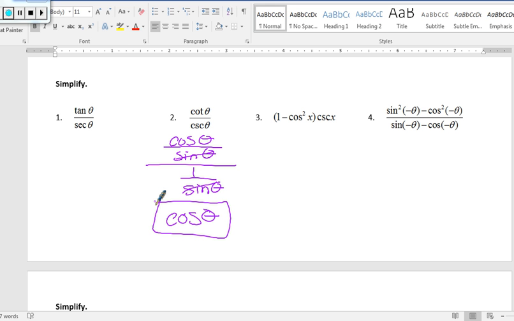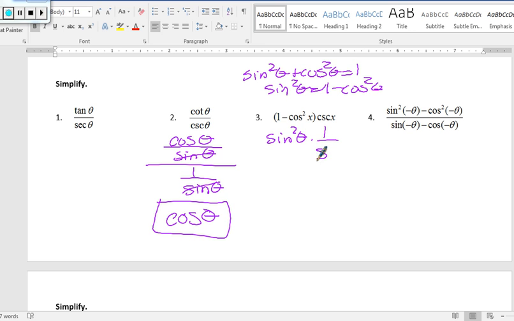Okay, so looking at 3, first I'm noticing this 1 minus cosine squared x. Anytime you see a squared, you're looking at those Pythagorean identities. This is the sine squared theta plus cosine squared theta equals 1, where we're subtracting the cosine squared theta to the other side. So this can be replaced with sine squared theta.